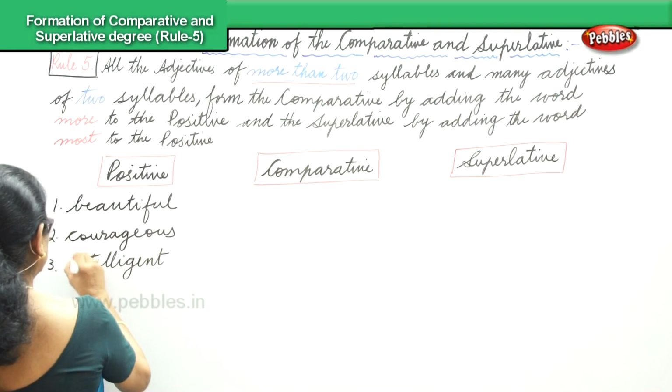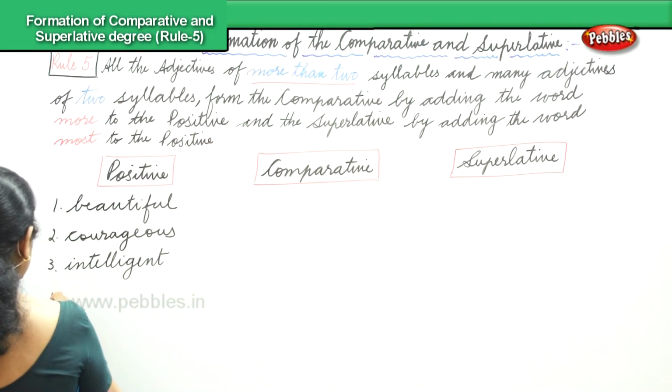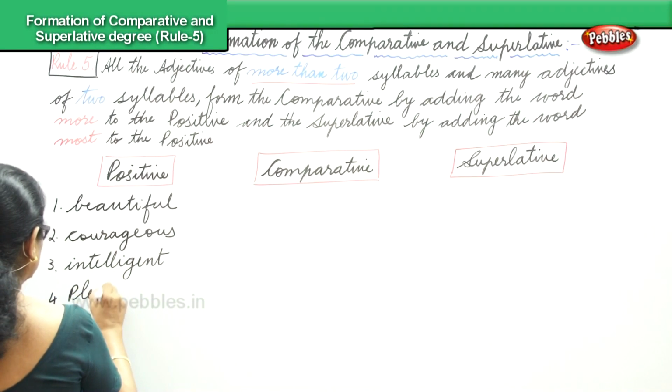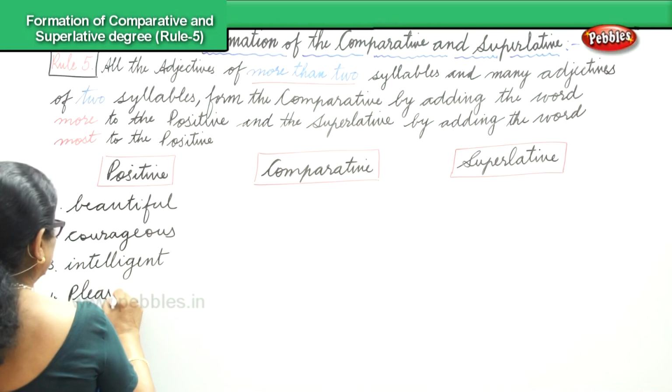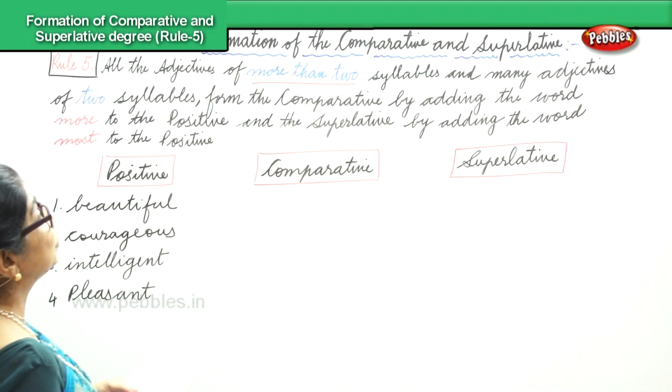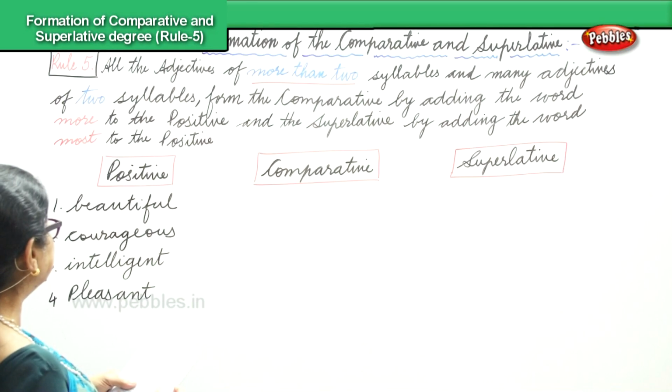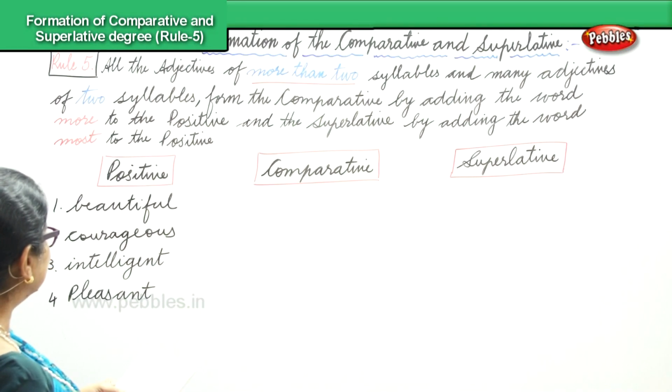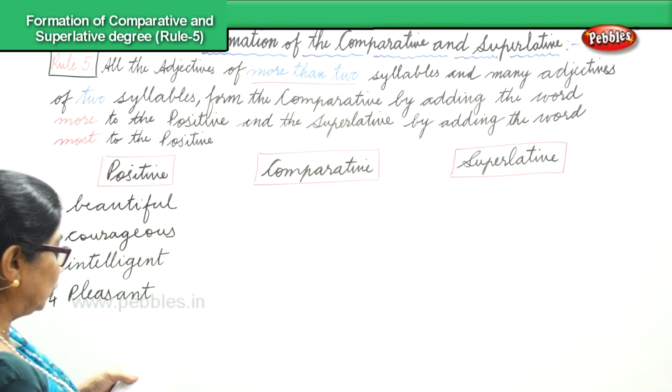And then pleasant. We have 4 words here. So what does it say? All adjectives of more than 2 syllables. Beautiful, courageous, intelligent, pleasant. What happens to them?